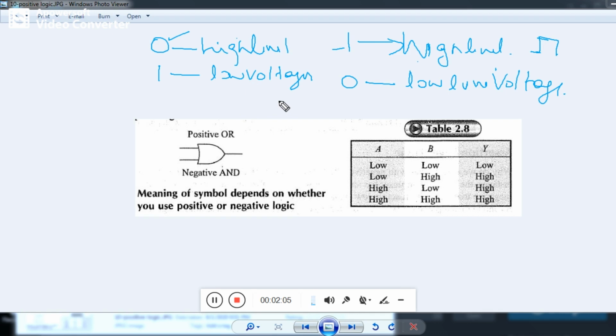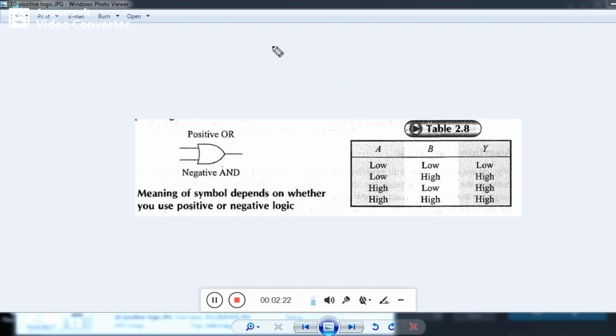So we have to see now one by one how this works. For example, we will take an OR gate. This is the OR gate. We have a two input OR gate here. Let me draw first the truth table for the OR gate.